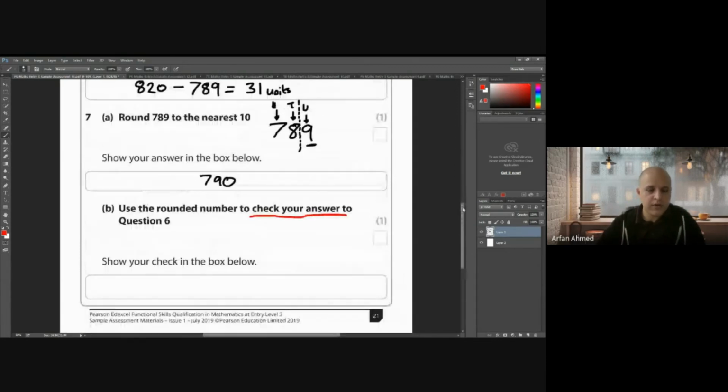So working backwards, I would use 31. 31 plus 790, and that should roughly give you the original answer.